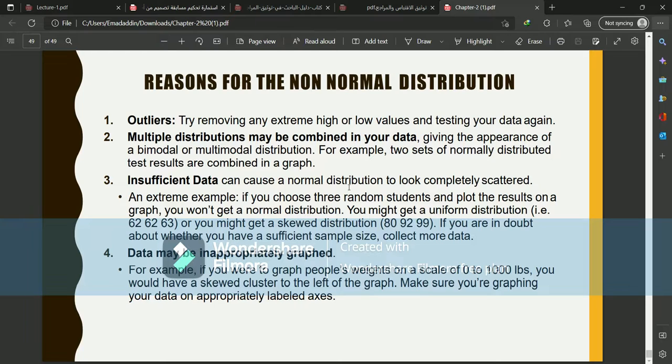For example, if you graph people's weight on a scale of 0 to 1000 pounds, you would have scores clustered to the left of the graph. Make sure you are graphing your data on appropriately labeled axes.